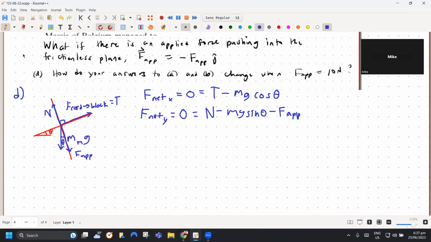Okay, so from there, ano ngayon yung tension at ano yung normal force?